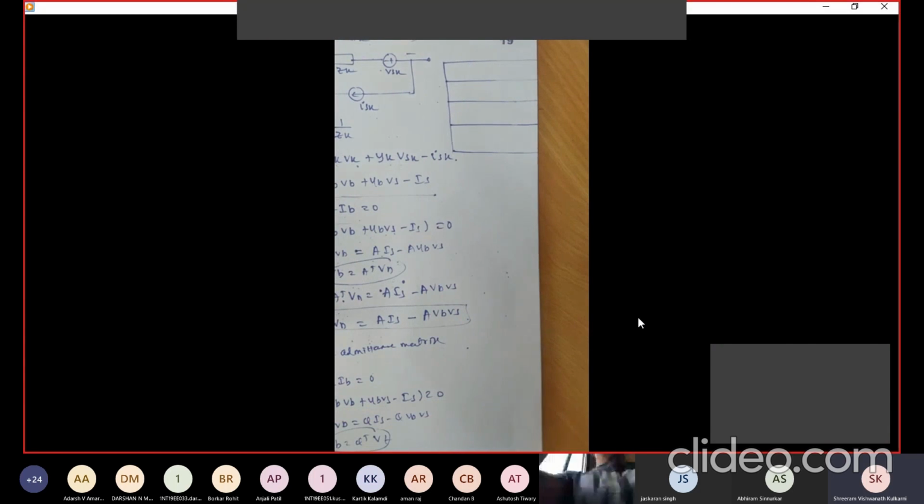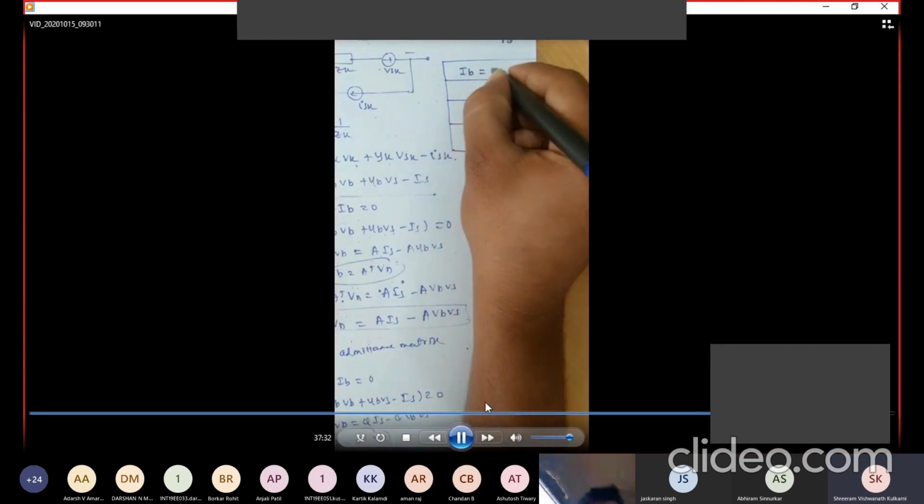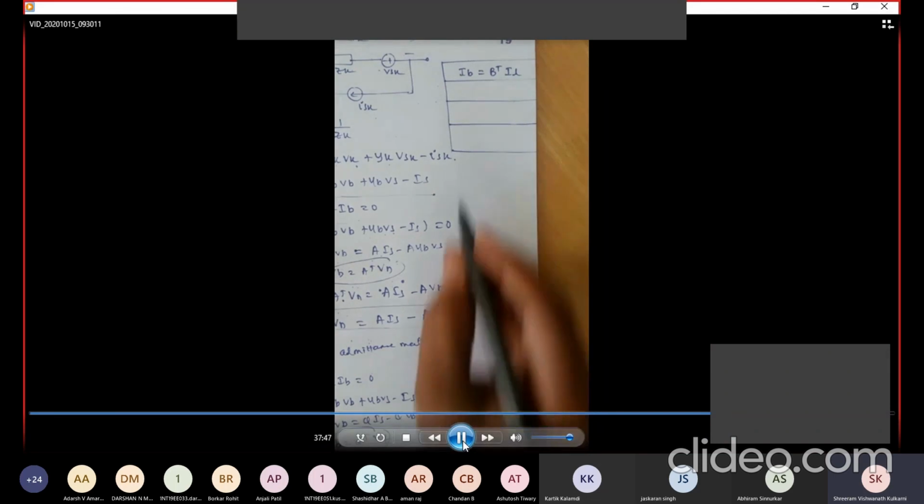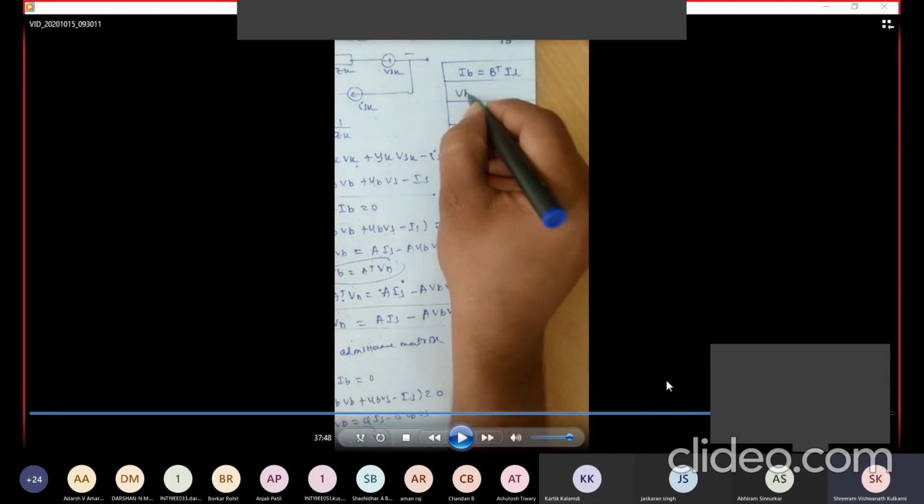For KVL, Ib equals B transpose Il. While deriving the KVL, we came across this Ib equals B transpose Il, right?